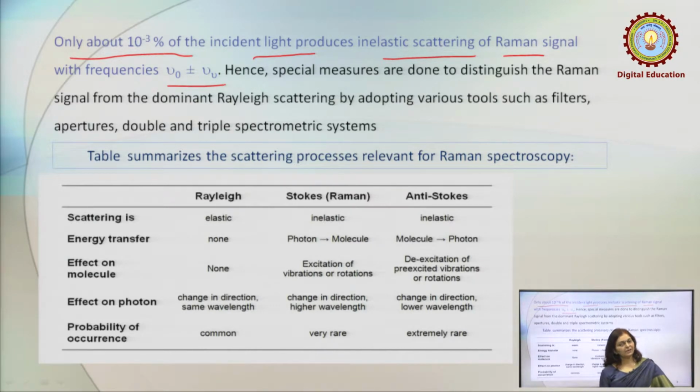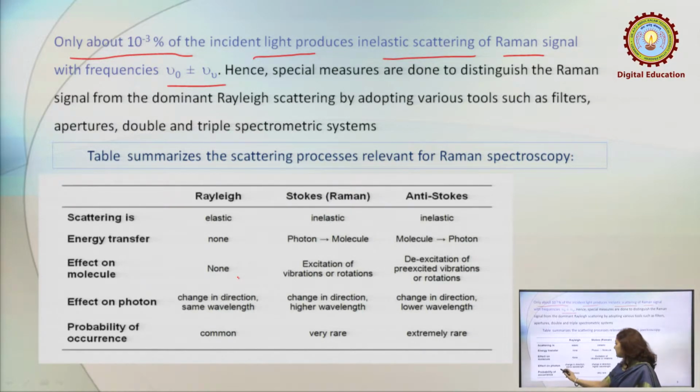Next is, what is the effect on the molecule? There is no effect in case of Rayleigh, but in case of Stokes, excitation of vibrations or rotations, while in case of anti-Stokes, de-excitation of pre-excited vibrations or rotations.